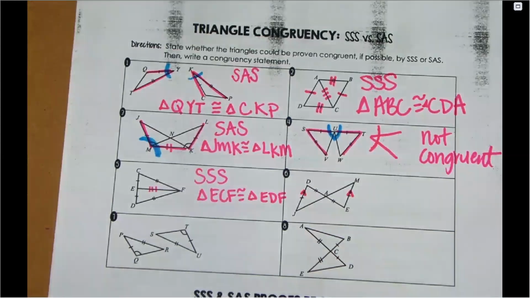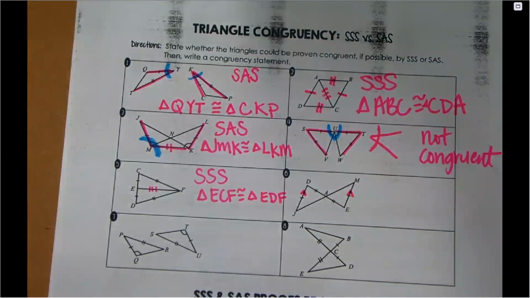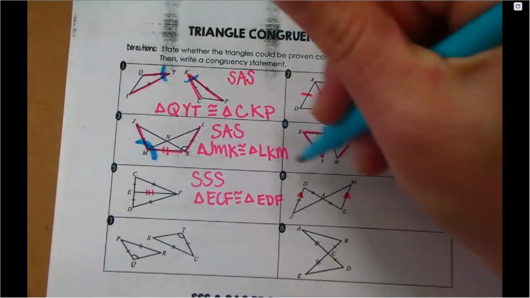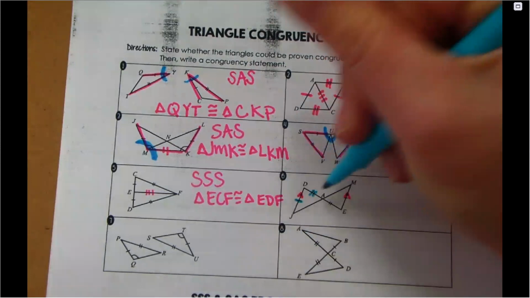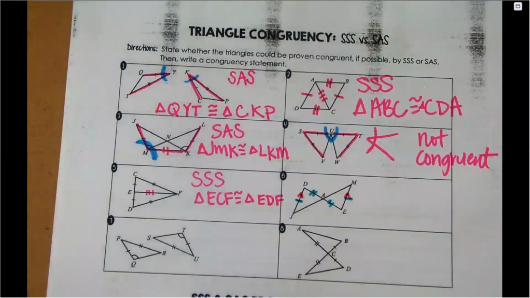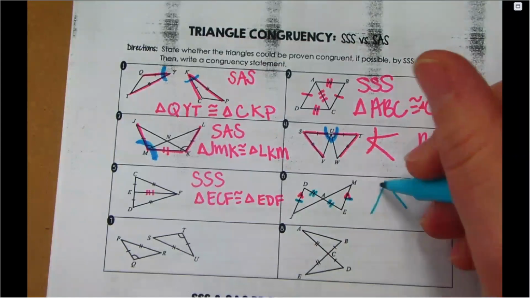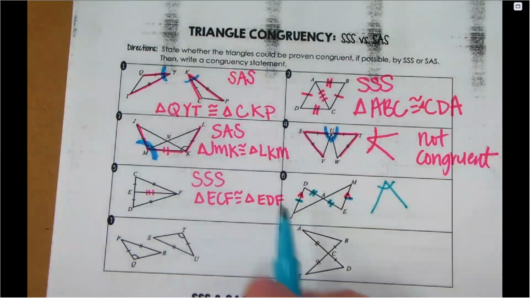When I'm looking at this, I can see the hash marks here. What I would need to be able to prove congruency is angle D up top, because that's the included angle.